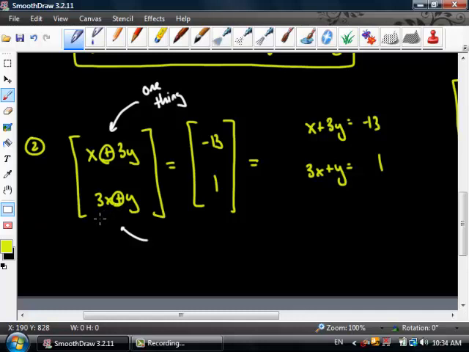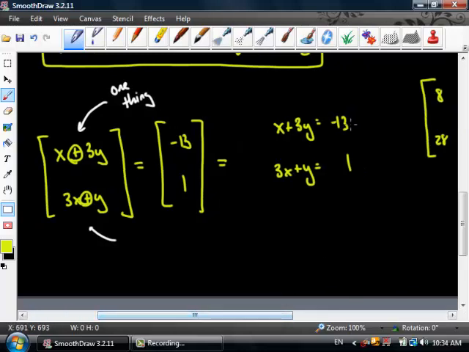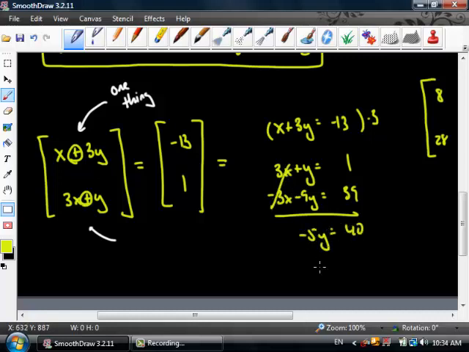Chris? Lauren? Okay. So now we are back in a position where we know how to solve this thing. I'm going to go ahead and multiply the top by negative 3. So I get negative 3x minus 9y equals 39. That's going to go away. I get negative 5y equals 40. Y equals negative 8. I plug it back into one of these. I'll choose the top one.